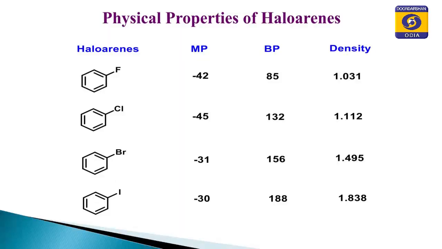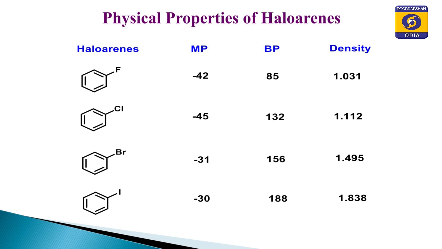In fluorobenzene the melting point is -42, whereas for chlorobenzene it is -45. These are in degree centigrade. For bromobenzene it is -31 and -30. Similarly, for boiling points you see the gradual rise in value, and also in the density. So, these properties gradually rise as we change only the halogen atoms and the aryl group remains the same, that is the phenyl group.